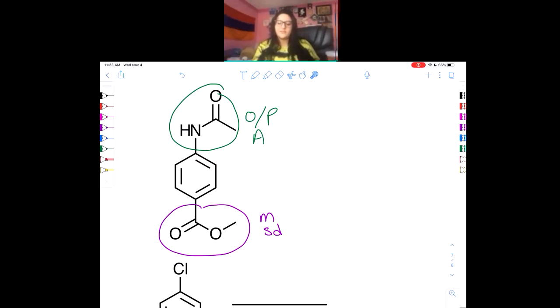So esters and amides, which is this group and this group, when they are attached to the heteroatom side, like this one is, when it's attached directly to the heteroatom, it will be an activator, versus when it's attached to the carbonyl, it's going to be a deactivator because the carbonyl is deactivating.